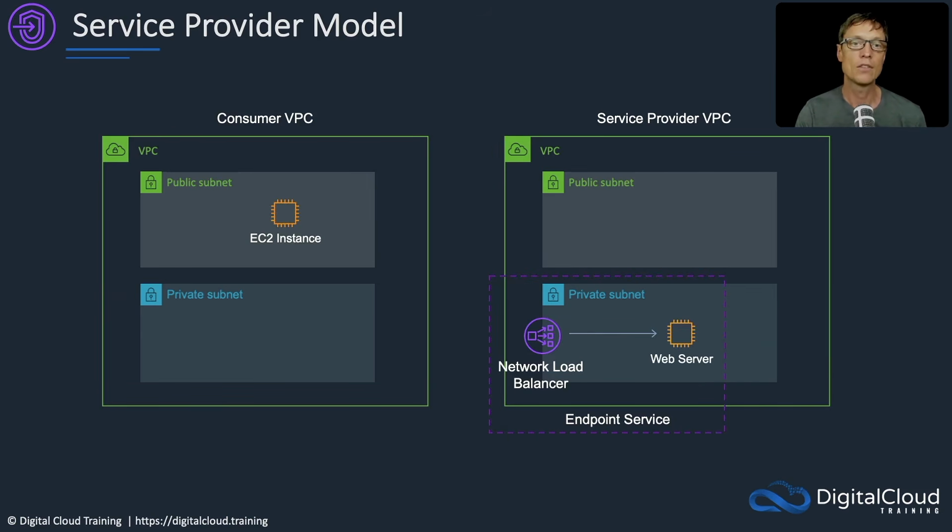So what happens as a consumer is you provision an endpoint, and then you use that endpoint to access the service. So we're actually publishing a service on one side, and then we're consuming it in the VPC on the left, using an interface endpoint to actually consume that service. So that's how it works, and in the next lesson, we're going to set up a gateway endpoint.